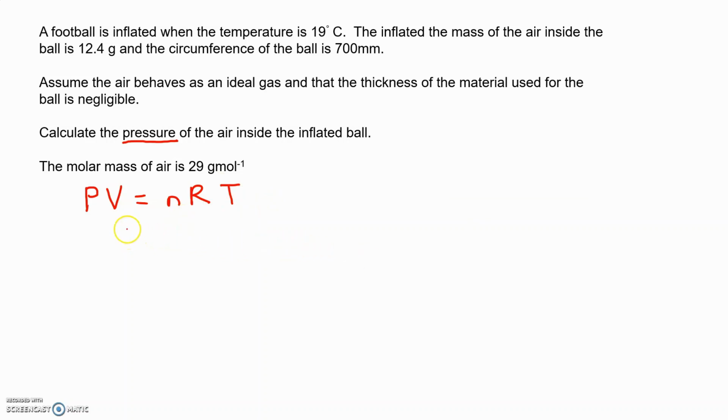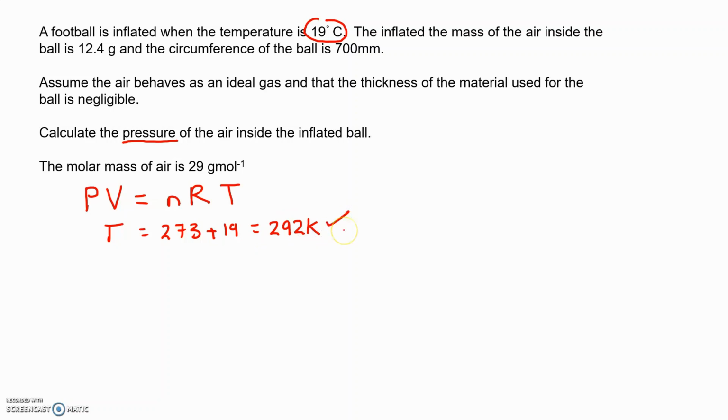Now we know the temperature of the air inside the ball because we're given that it's 19 degrees Celsius, but we need to change that to Kelvin. So the temperature is 273 plus 19, which is 292 Kelvin.